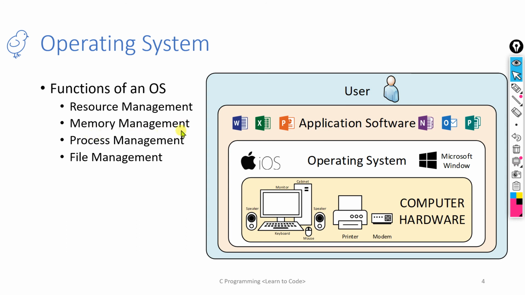Memory management, to manage the memory. Process management: how many processes are running in the system, and which process has to be executed at what time. That is process management. File management: what different files are present, where the files are stored, how to search a particular file. Those things will be managed by your operating system.